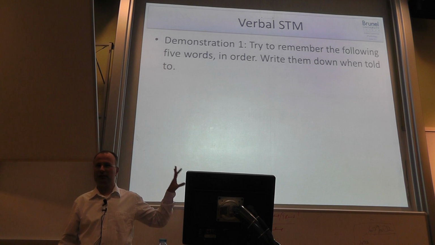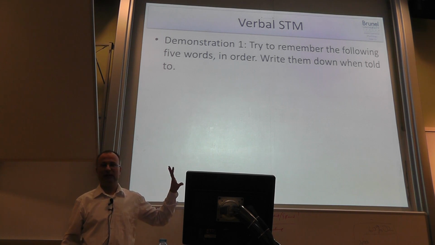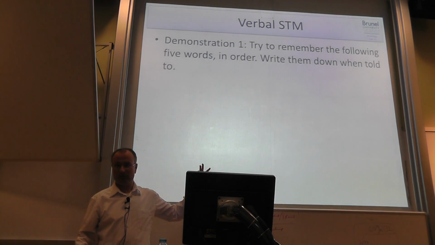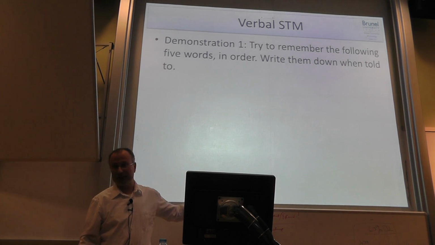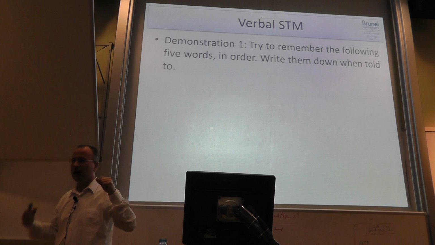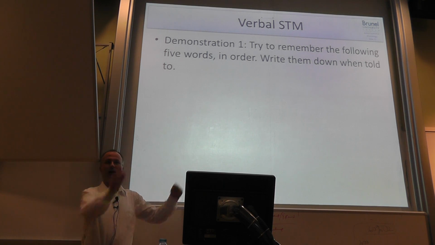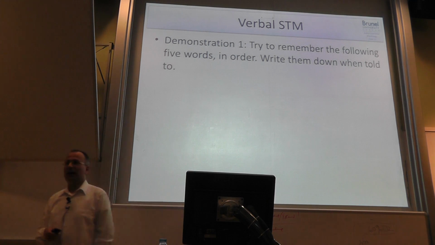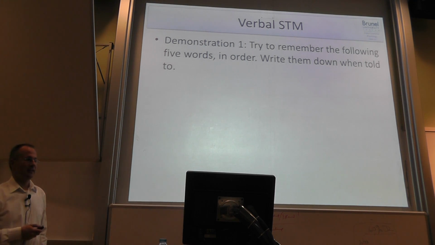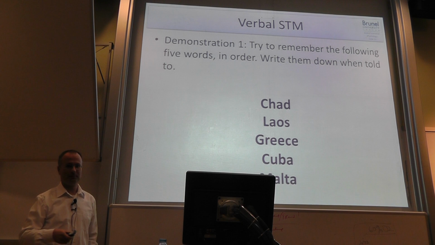They will be names of countries. Please try to remember them, to encode them while they're on screen. When they disappear, try to rehearse them, and only when it says on the screen, write them down again, okay? So there will be a retention interval. Okay, are you ready? And go.